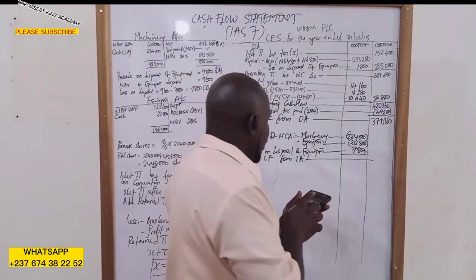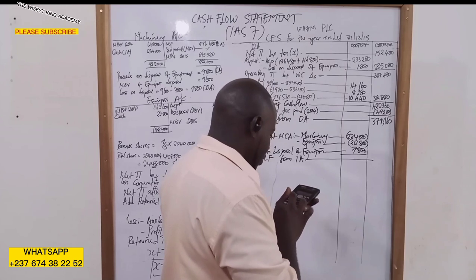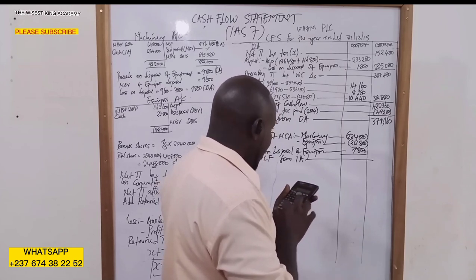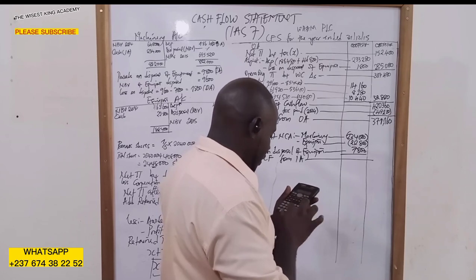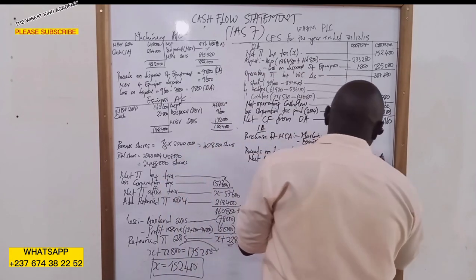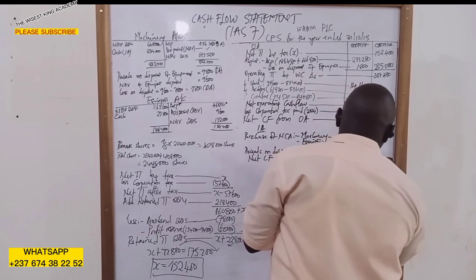We take 234,000 plus 22,800 minus 7,800. That's going to give us negative 249,000.